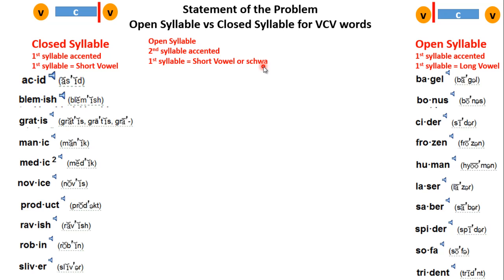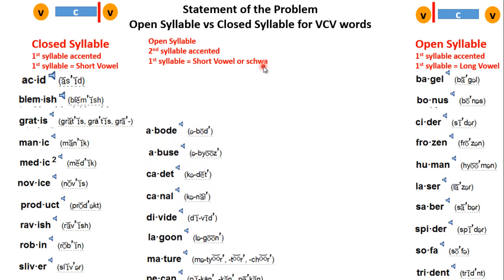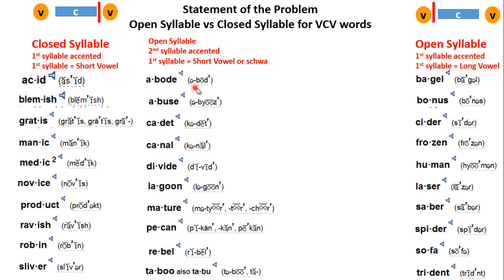Let's take a look at some of those words. Okay, the schwa is represented by the upside down E. So we have abode, abuse, cadet, canal, divide, lagoon, mature, pecan, rebel, and taboo.